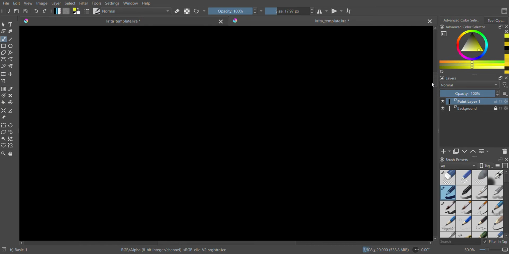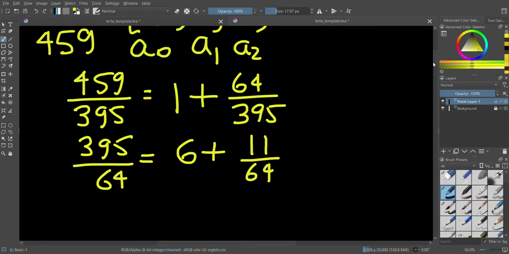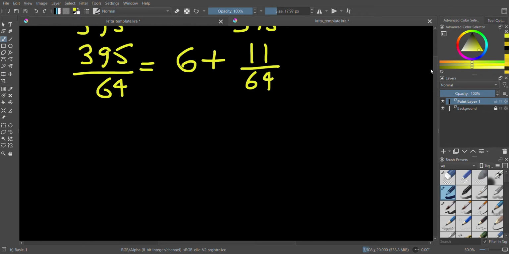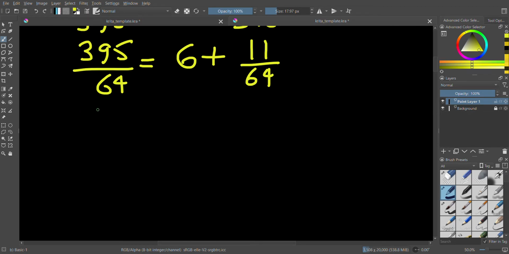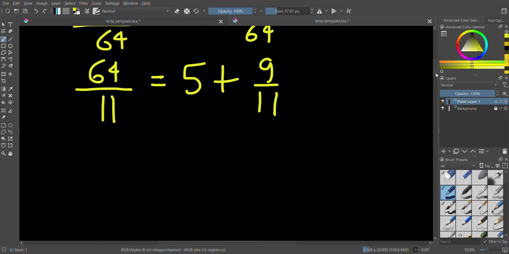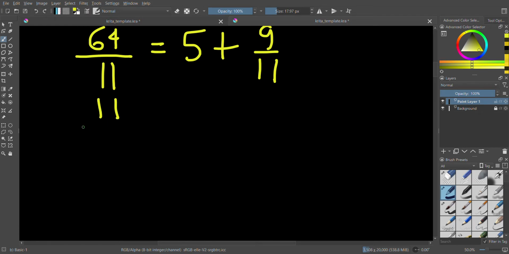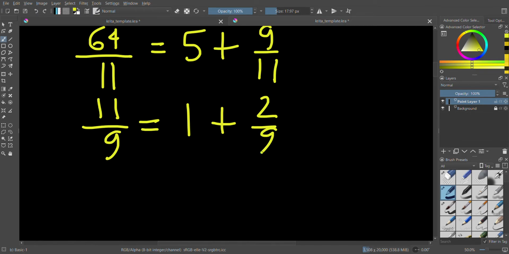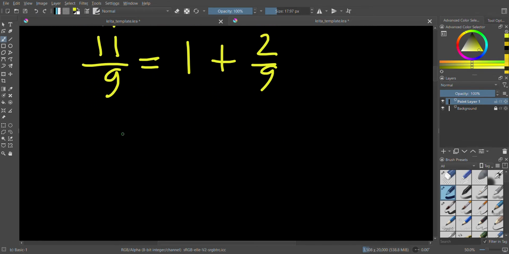So recapping up here, I'm just writing out the fractions as you would do them after you go through all the steps in your Euclidean algorithm. 64 over 11 is 5 plus 9 over 11. Then 11 over 9 is equal to 1 plus 2 over 9. And then 9 divided by 2 is equal to 4 plus 1/2.